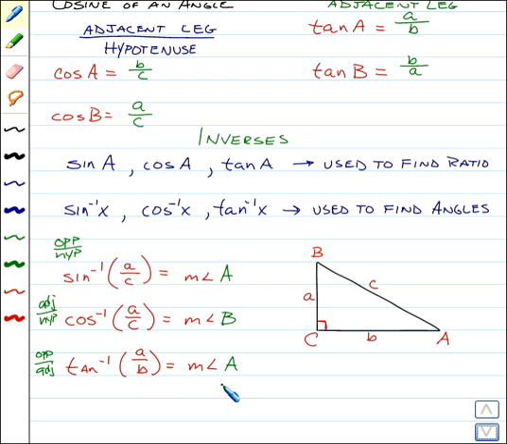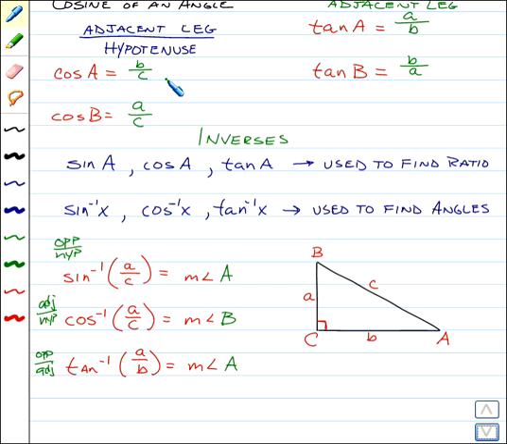So again, for the inverses, when you put in a number, you're going to get out an angle measure. For cosine, if you put in cosine of 30 degrees, you're going to get out a number.